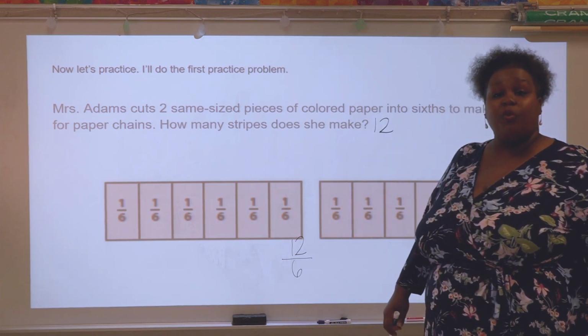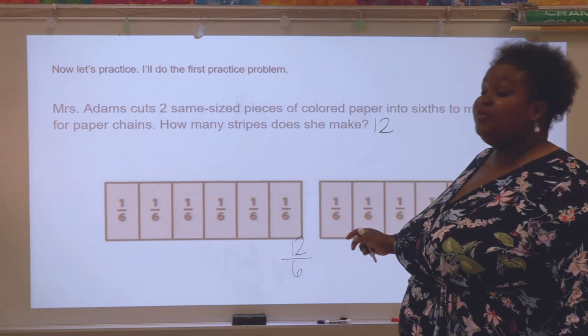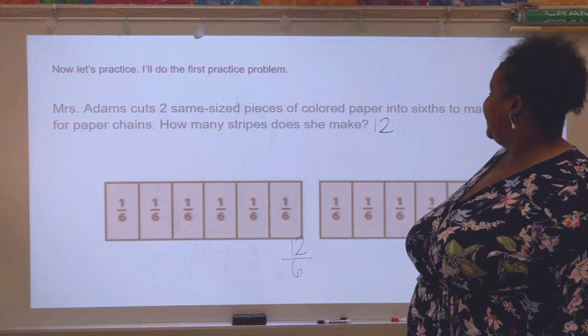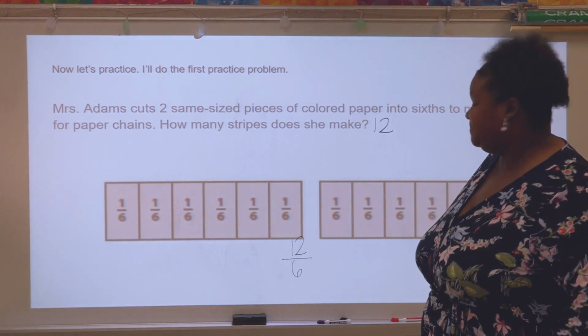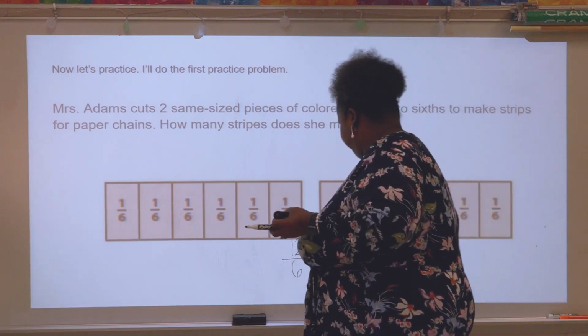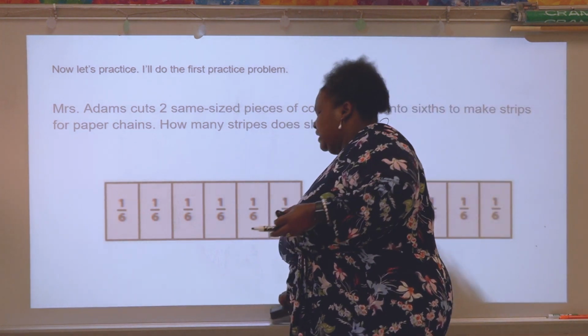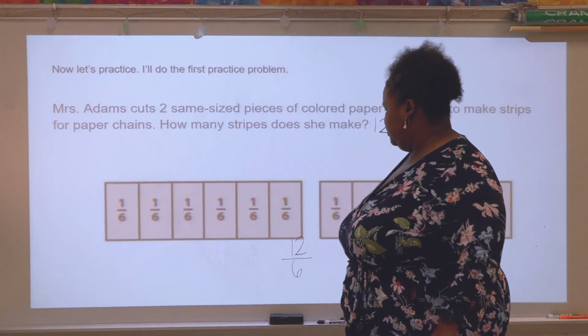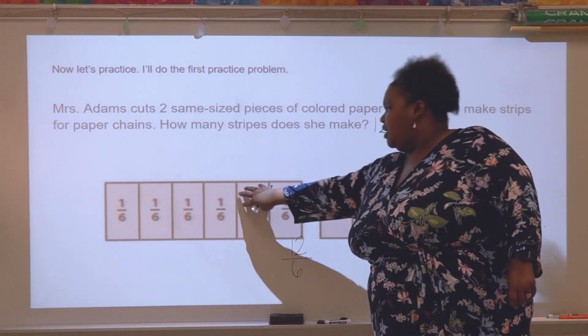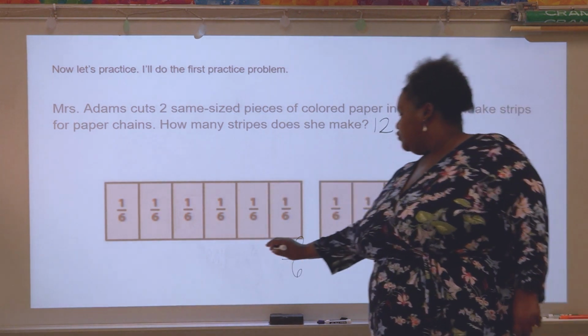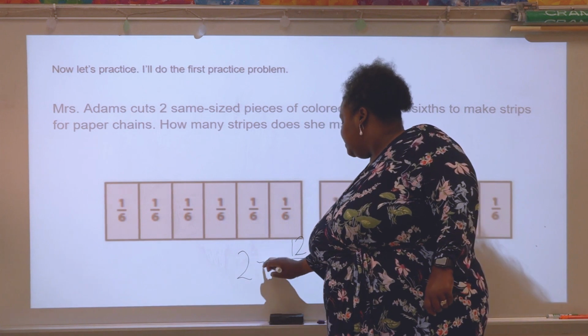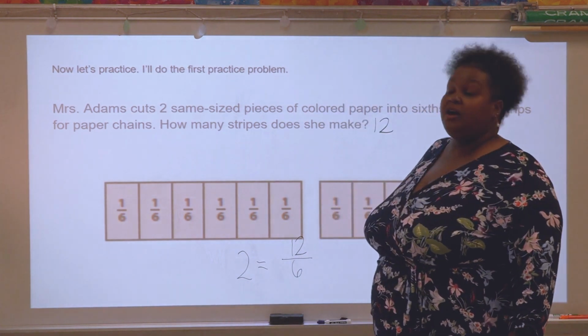She makes 12 strips using the 1/6 pieces of paper. And let's put an equivalent fraction to the whole number. I could say 1 whole, 2 whole. 2 wholes is equal to 12 sixths.